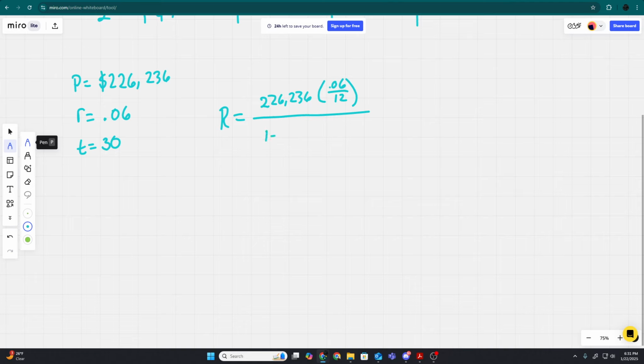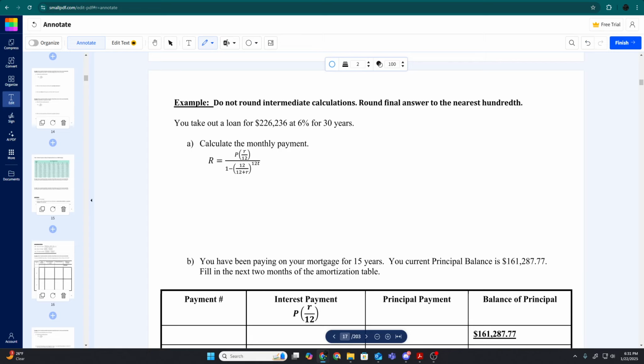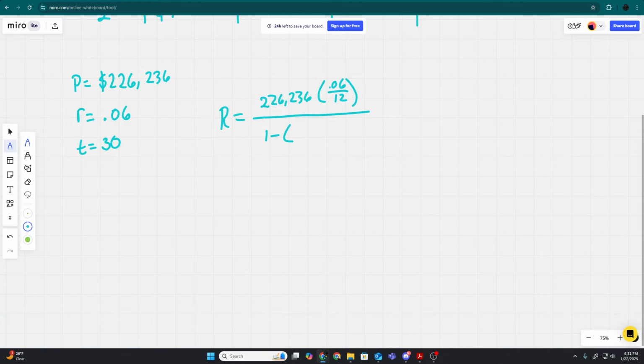The bottom number is 1 minus, in parentheses, 12 divided by 12.06. So again, if we're adding the rate to 12, it's just 12.06. And the exponent on top is going to be 12 times 30.